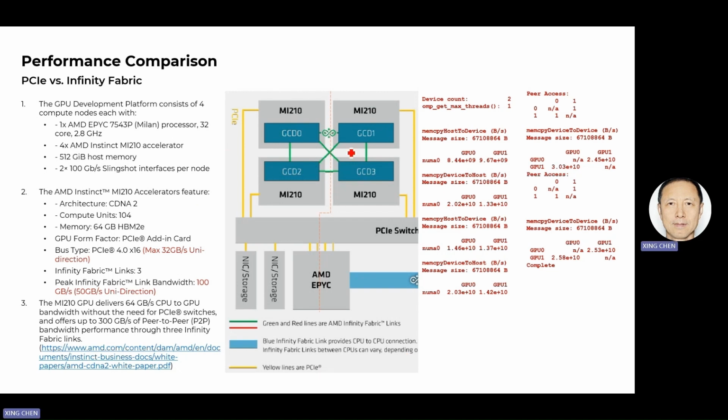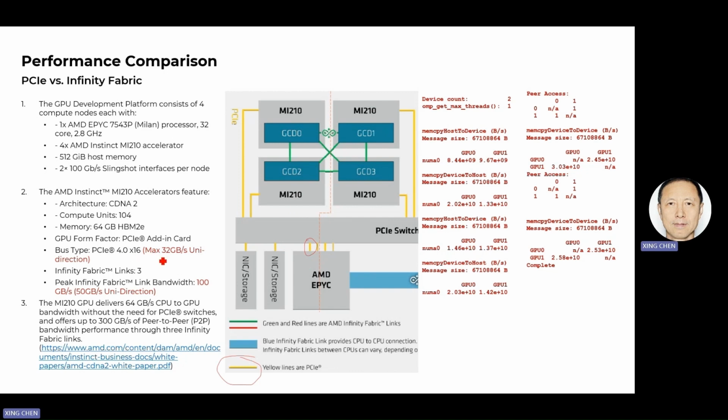Basically, you have Infinity Fabric links between the 4 GPUs connected to the system. In the system, you have only one CPU. The GPUs are connected to the system by using PCIe links. This is the PCIe links.